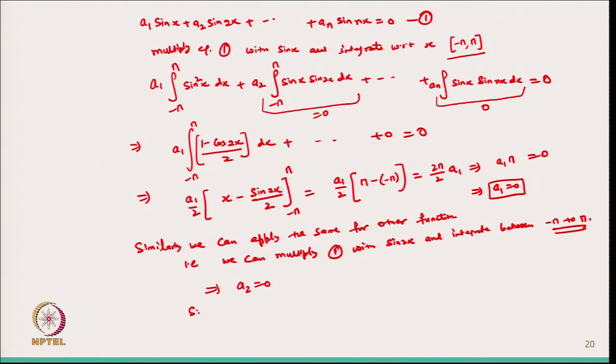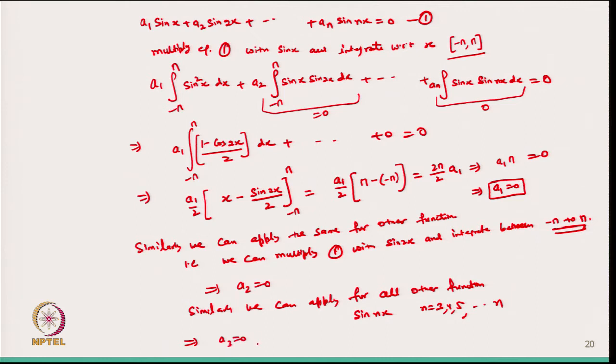So, similarly, we can apply it for all other functions, that is sin nx, n can be 3, 4, 5 up to n, and then from here we will get a3 is 0, a4 is 0 and an is 0.